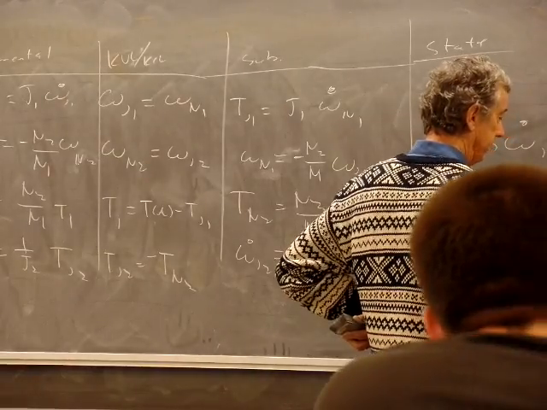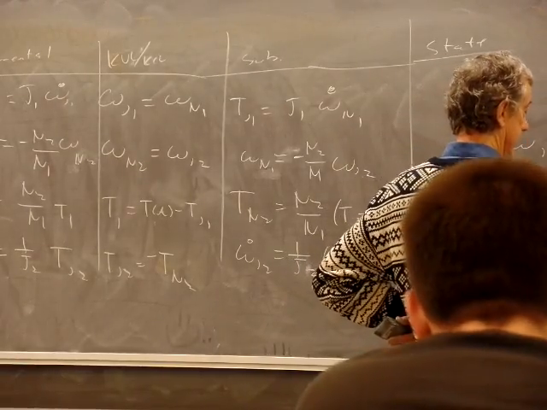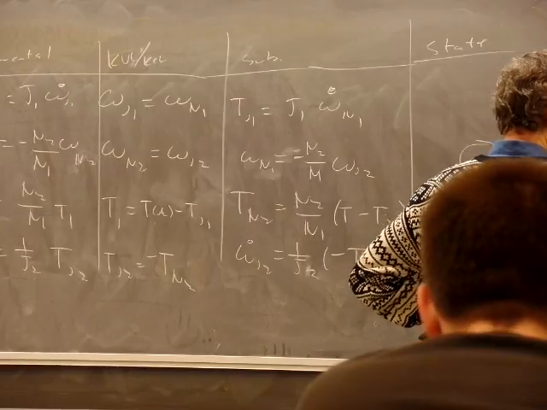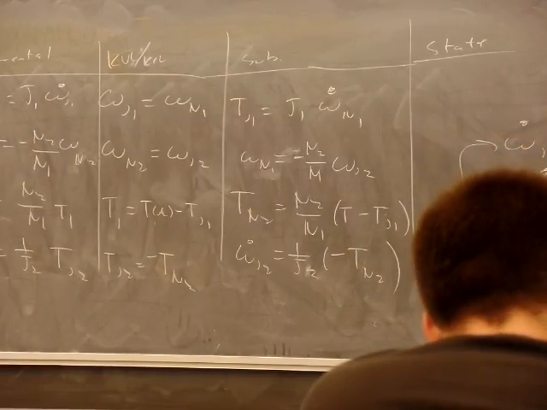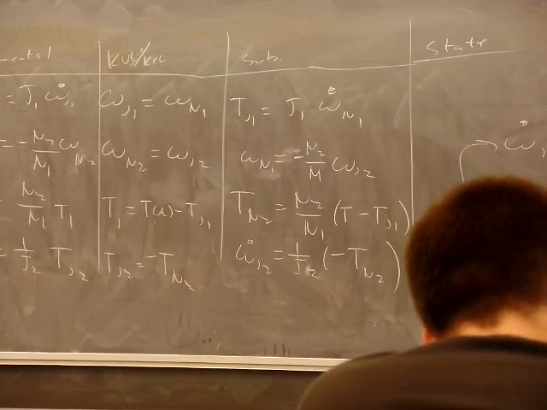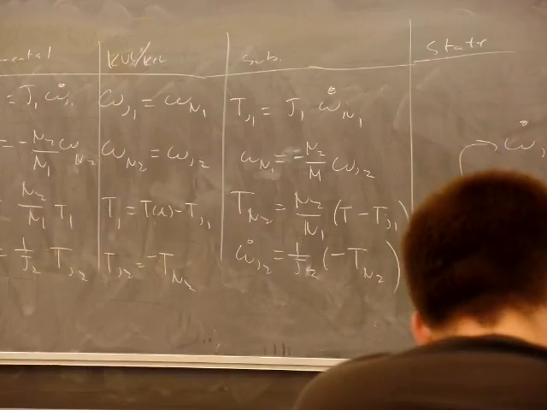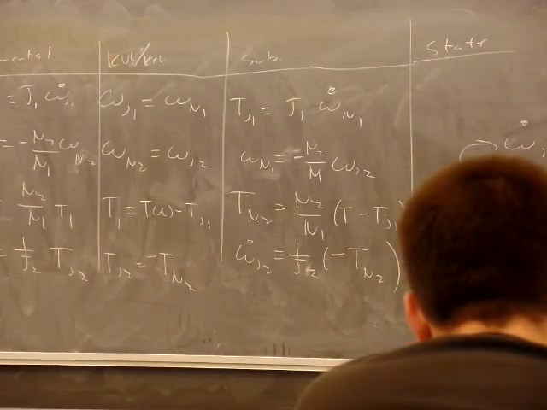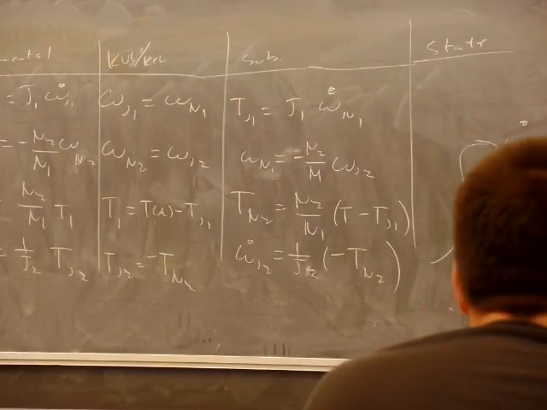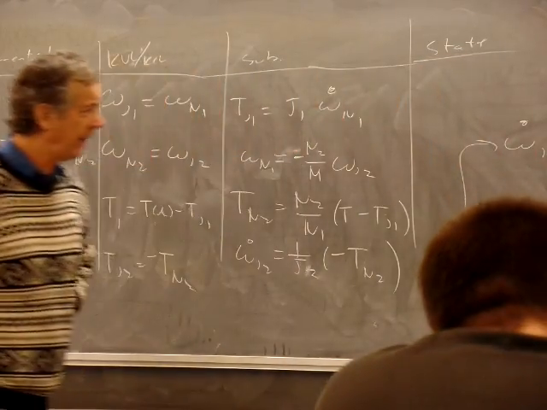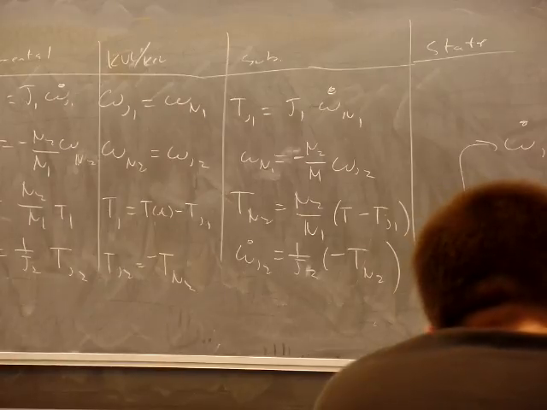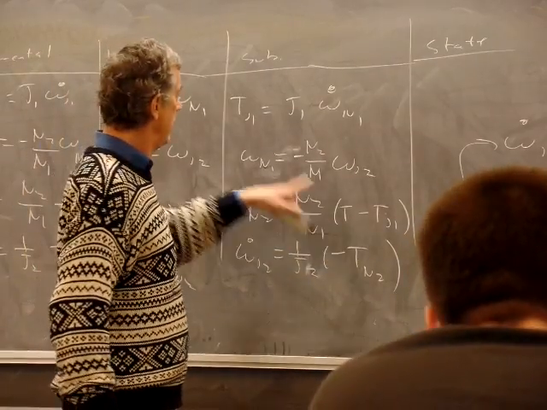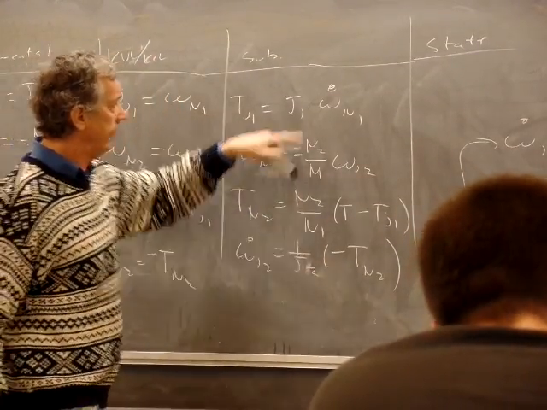Make sure we don't make errors. Okay, I get that right. In T of J1, it's not a state variable, but up here I have it in terms of this one.